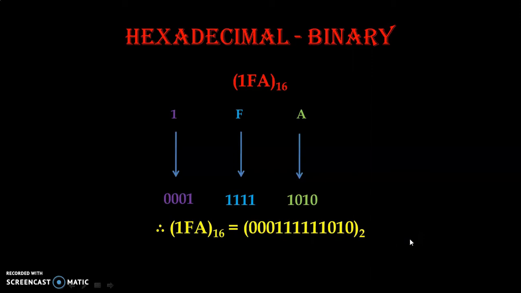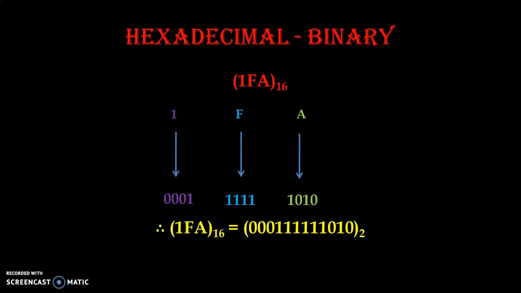One point you have to identify at this stage is that on the left extreme side, the most significant side, we have 3 zeros, and these zeros have no significance on the value. So we can easily eliminate them. It can be 1, 2, or 3 zeros at the most.